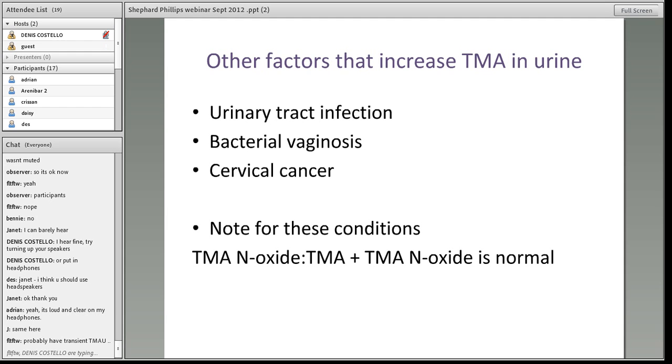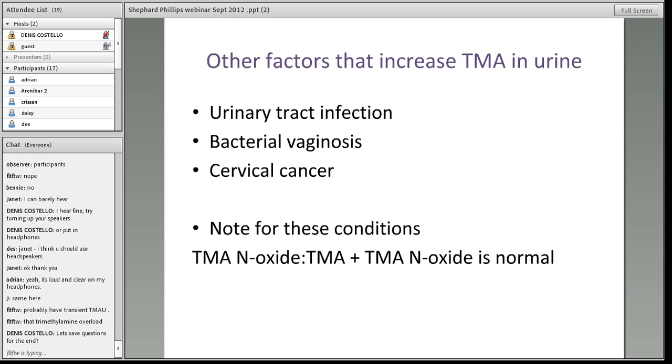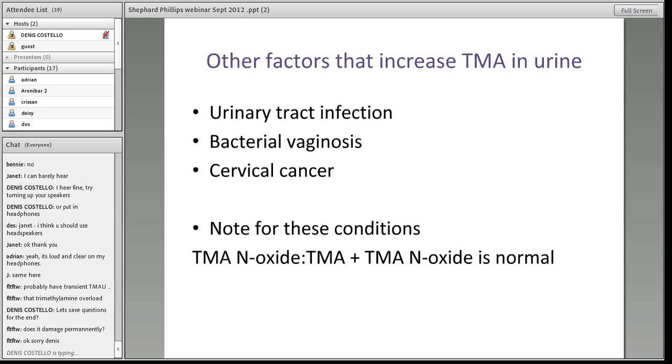So there are other factors that increase trimethylamine in the urine. These are urinary tract infections, bacterial vaginosis, cervical cancer, and some other conditions. And these can be misdiagnosed at first glance as trimethylaminuria, but a urine test will show that these are not trimethylaminuria.